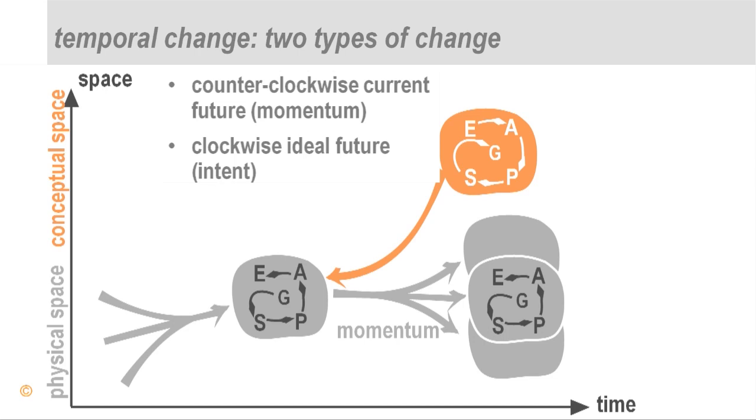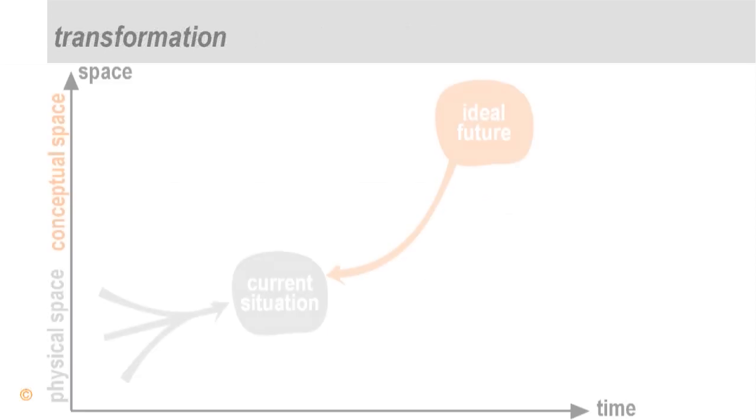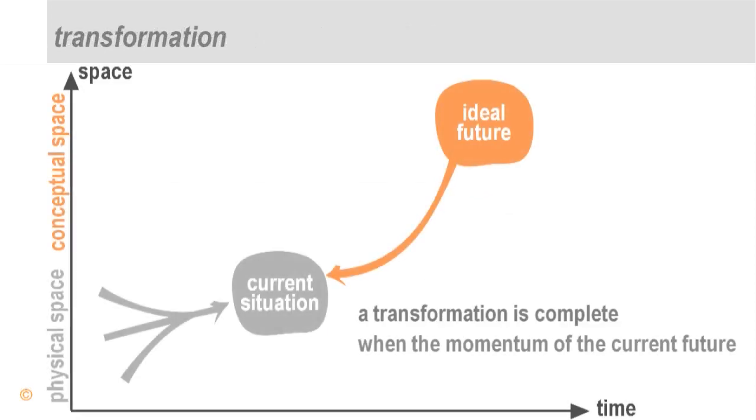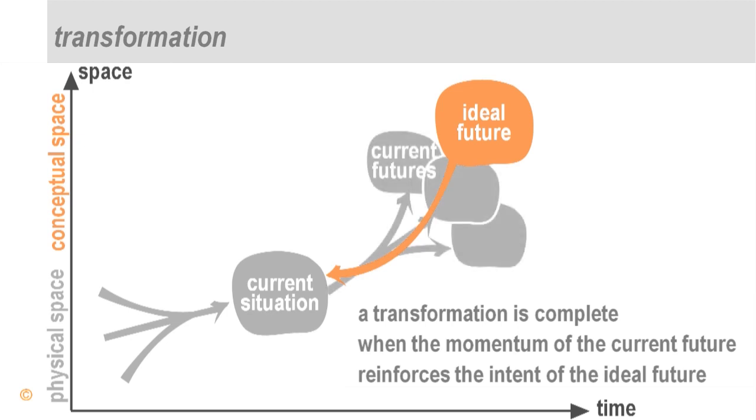In the current situation, the two forces of change, the clockwise and counterclockwise change, meet. And as we said previously, the transformation is complete when the momentum, in other words, the counterclockwise force of the current future, reinforces the clockwise force of the intent associated with the ideal future.